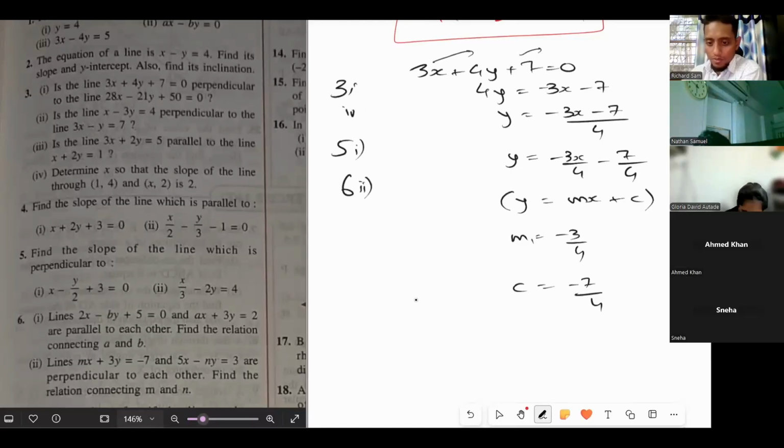m1 is this one, minus 3 upon 4. m2 is supposed to be the reciprocal with a different sign. When you find it, it should be 4 upon 3. If you got 4 upon 3, then you're right.